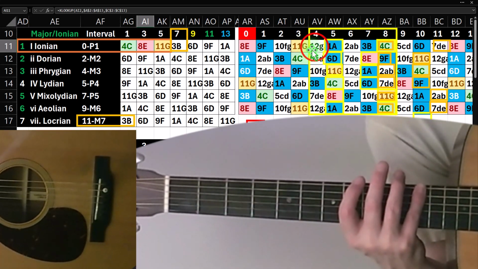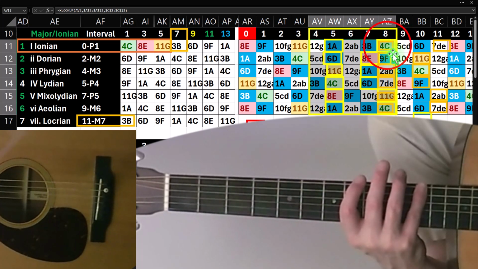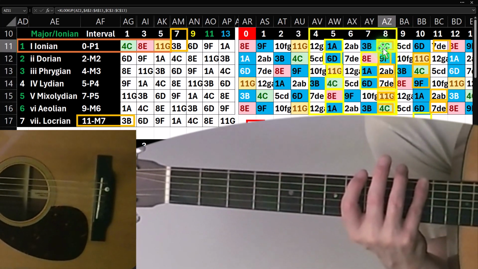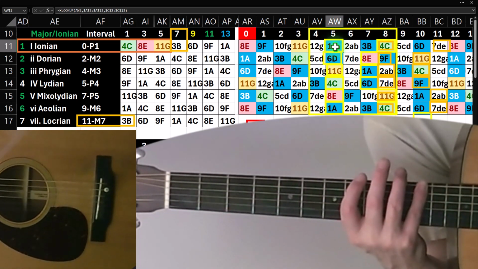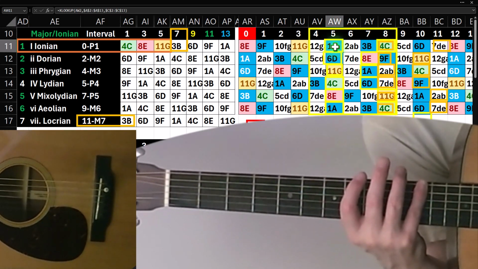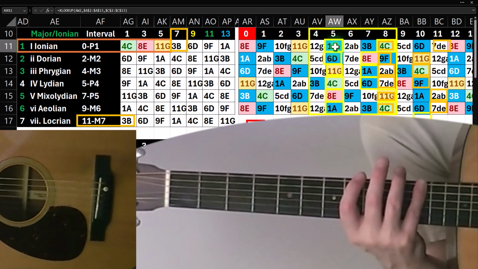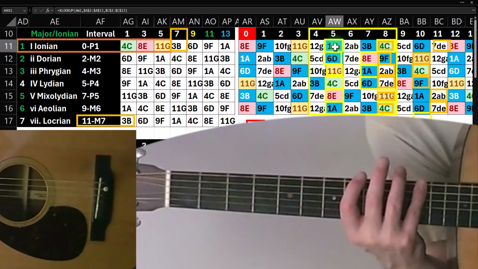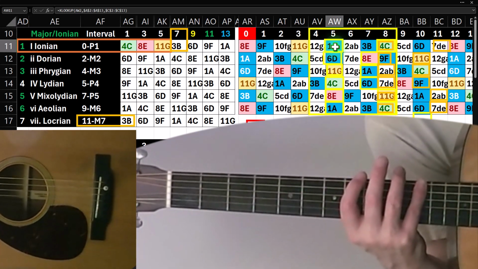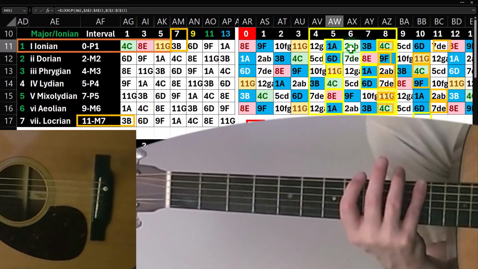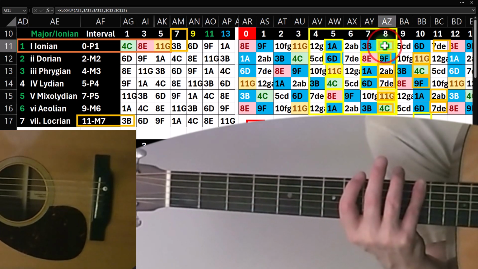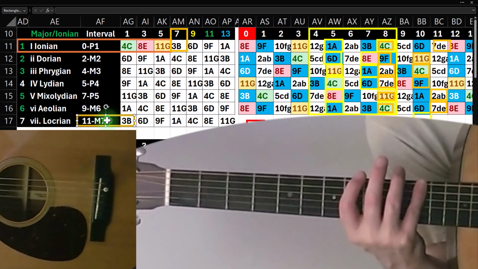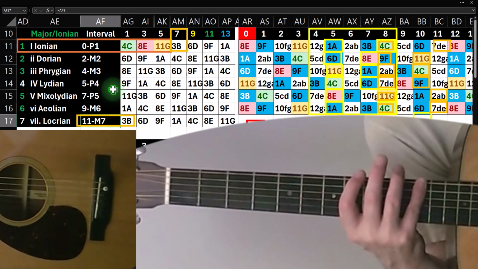Now if you knew this same shape, I could start on the C. And by the way, a lot of the major blues, I think, is more common. I like to play it from the A major, or the E major, I think is more common, but I want to stick with the same, and you can totally do that by just shifting the entire shape that we're learning and all the intervals over. If you use this same shape in the same location, you can play it around the C and basically flatten the 7 and then have the minor third.